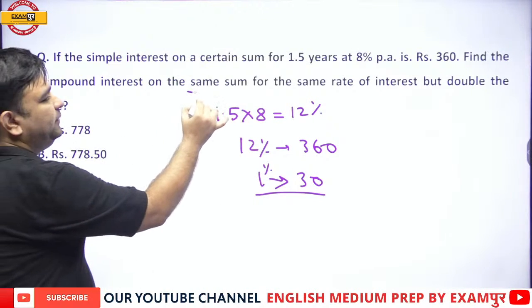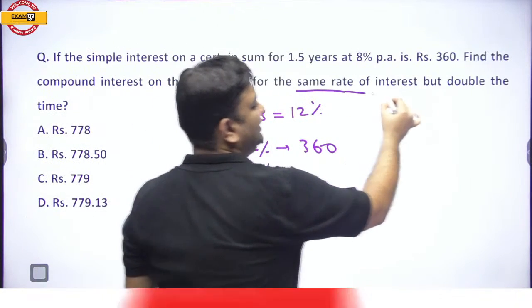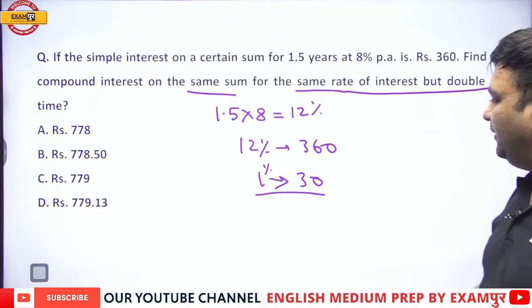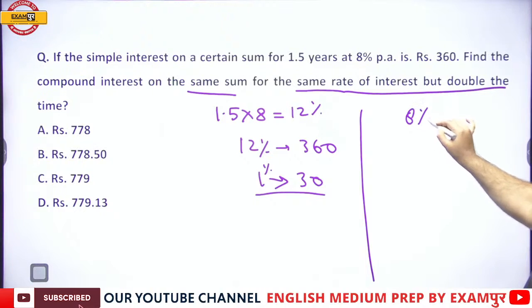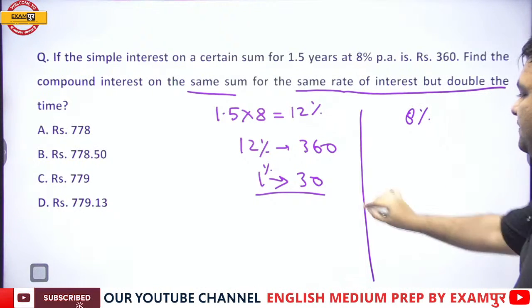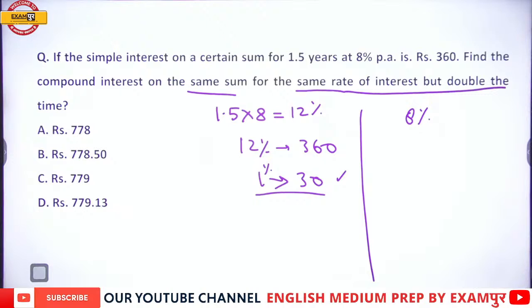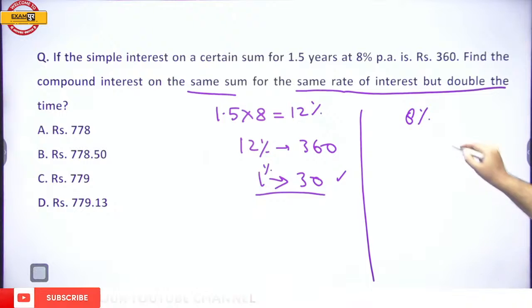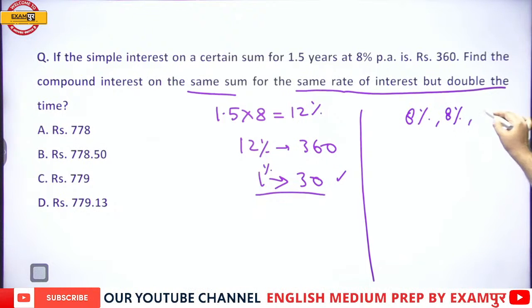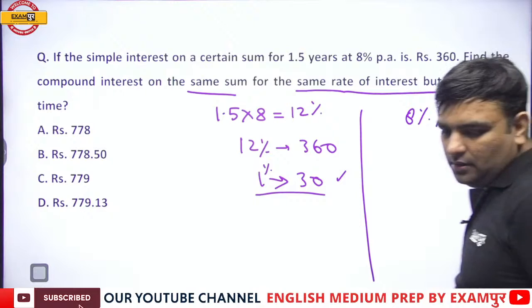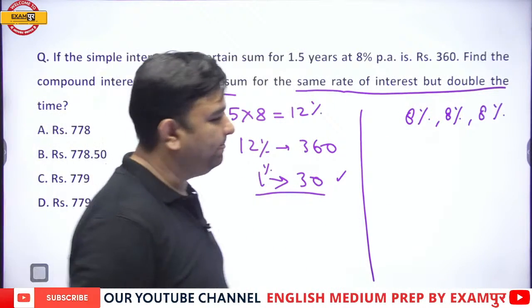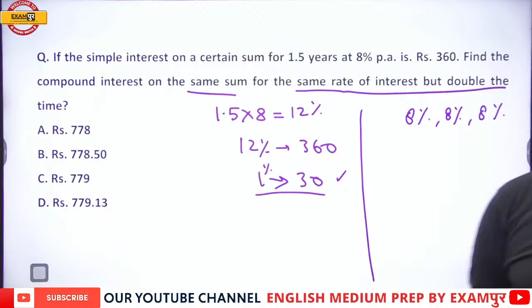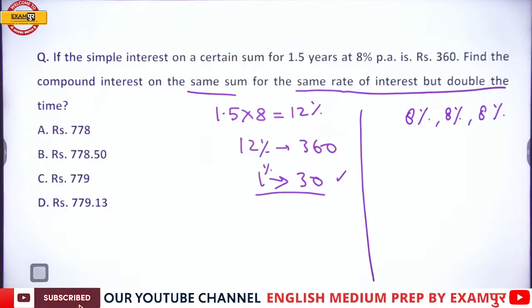Same sum, same principal, for the same rate but double the time. Same rate means 8% per annum. Same sum means it's going to remain the same. Double the time: initially 1.5 years, so now 3 years. You have to calculate the effective of 8, 8 and 8. That is why you are taking time.